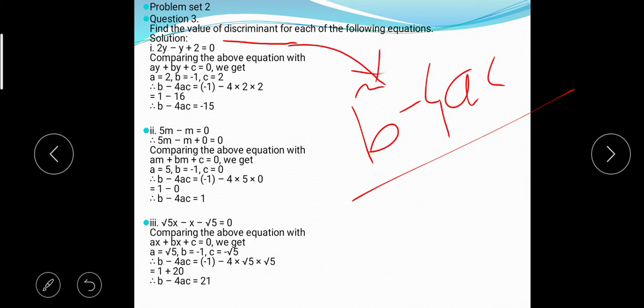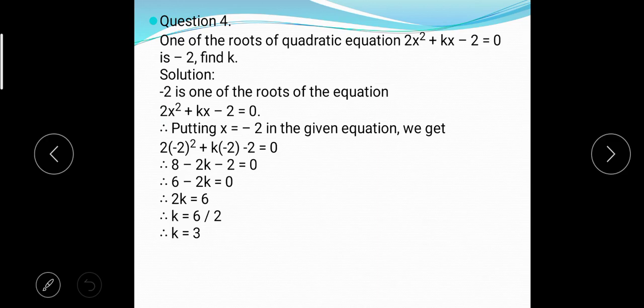Now see the next question. One root is given, and we have to find the value of k. The quadratic equation is 2x square plus kx minus 2 is equal to 0. Now listen students, minus 2 is one of the roots of the equation.